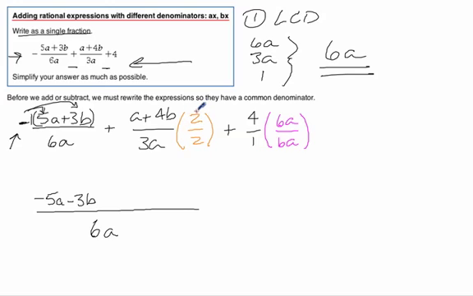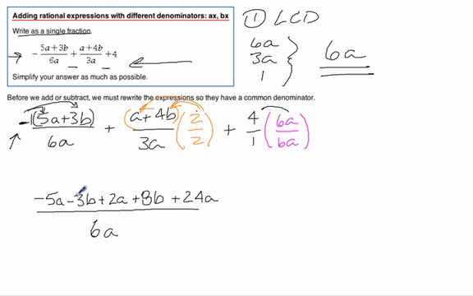And then here we distribute this 2 because this 2 gets multiplied by this whole a plus 4b. So if we distribute this, then we get plus 2a and plus 8b. And then here we just multiply. That's going to be a positive 24a.